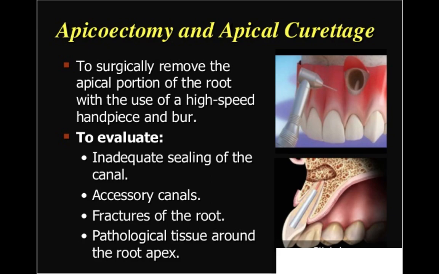Because if you remember, we said if a true granuloma is located far from the apical area, we cannot treat this periodontitis. In this situation, we need apicectomy or other surgical methods.